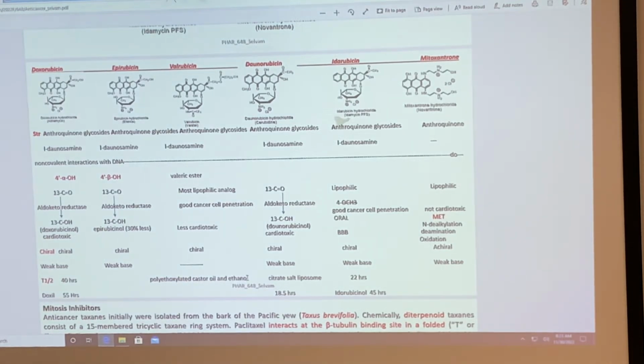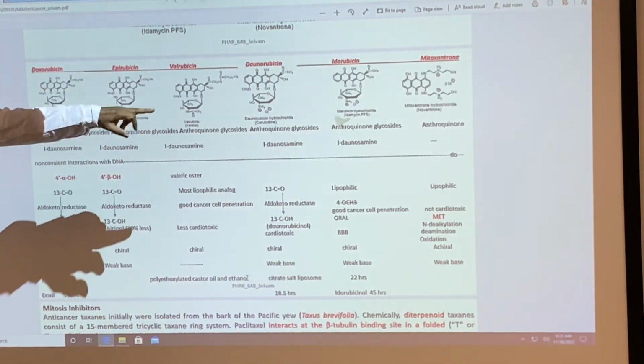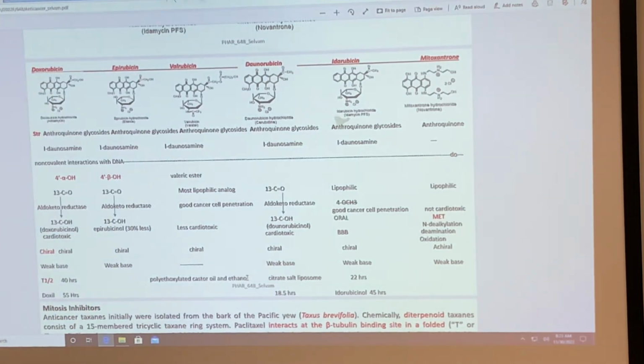So all are glycosides except the last one, that is not a glycoside, that's an anthraquinone. The remaining are all anthraquinone glycosides.